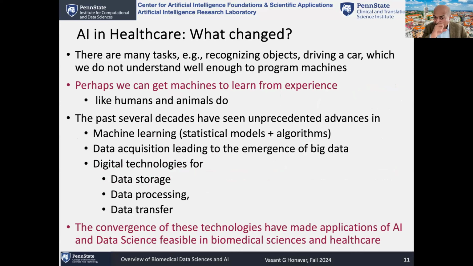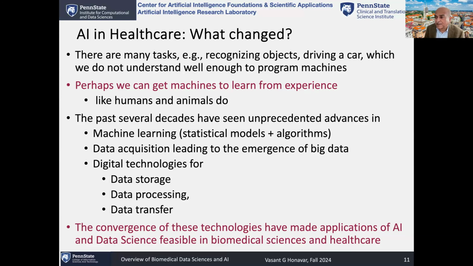There are many tasks, like recognizing objects or driving a car, which we don't understand well enough to program machines for, but we can get machines to learn from experience like humans and animals do. This last decade has seen unprecedented advances in machine learning, which are essentially a marriage of statistical models and sophisticated algorithms.